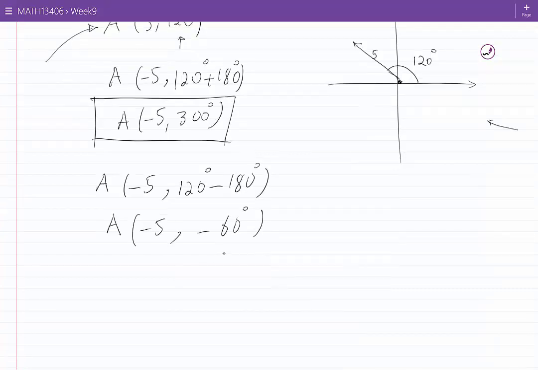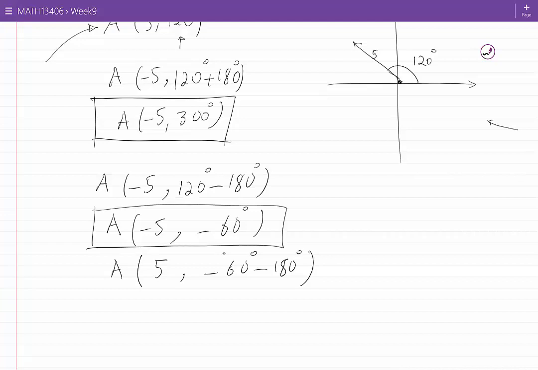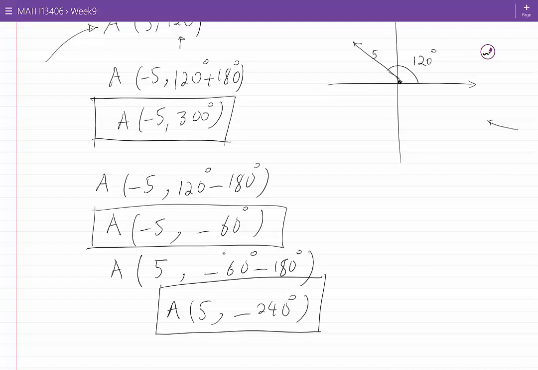We can continue by subtracting 180 degrees from minus 60 degrees. We would get minus 60 degrees minus 180 degrees. This would result in a vector which is in the second quadrant. We do not need to change the sign from 5. Therefore, we get yet another representation for point A. That is minus 240 degrees and 5 for point A. If we subtract another 180 degrees, we will be out of the domain that we are allowed.